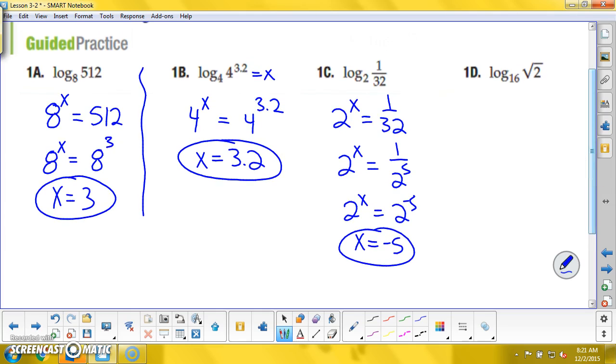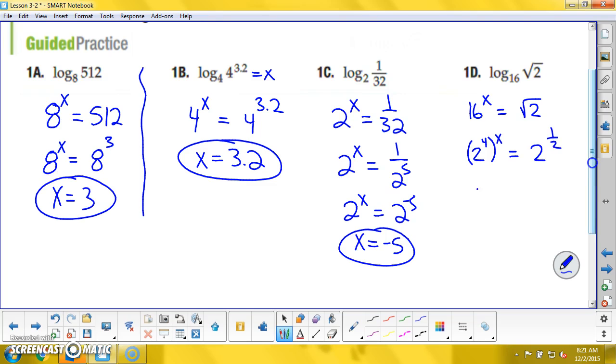And then part D, 16 to the x equals the square root of 2. All right, now we have to do some changing here. But 16 is the same thing as 2 to the 4th, right? And the square root of 2 is the same thing as 2 to the 1/2.